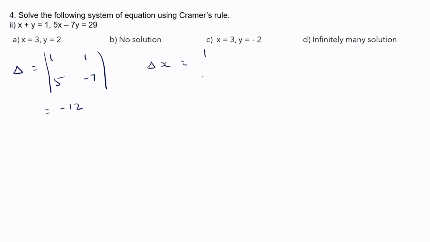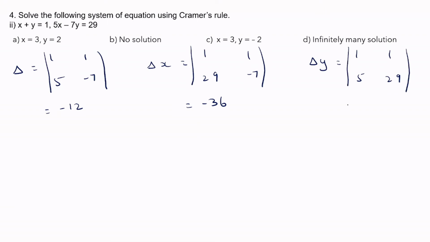Delta x is 1, 1, 29, minus 7. So it is minus 7 minus 29, so minus 36. Then we have delta y: 1, 5, 1, 29. So this is 29 minus 5, 24.